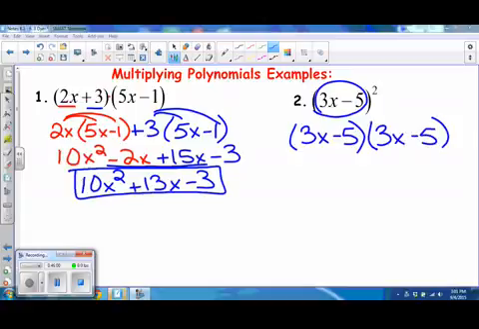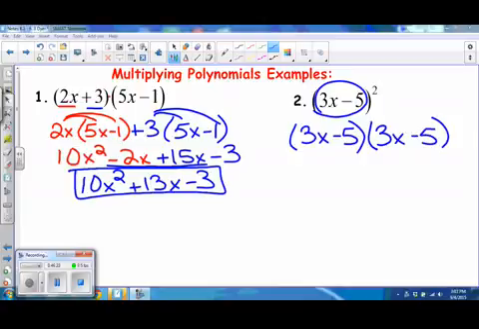So before you can do anything, you have to expand it. If it was to the third power, it would be 3x minus 5 times 3x minus 5 times 3x minus 5. Okay? So now that you've done that, go ahead and finish number 2.